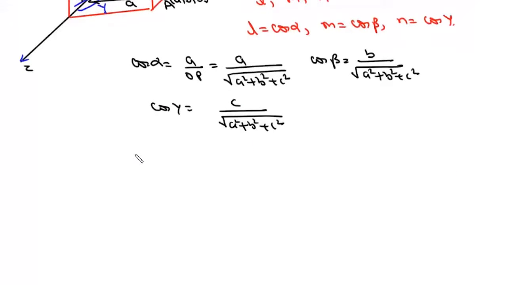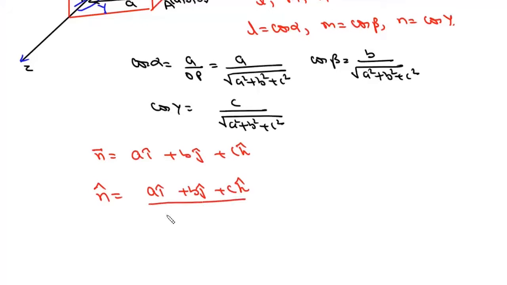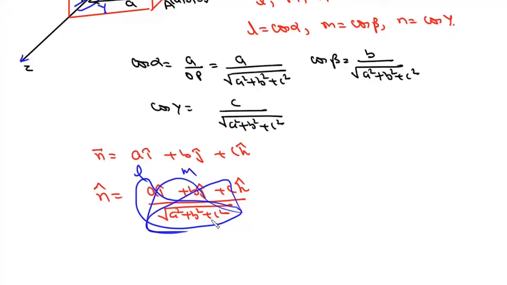So if we are given any vector which is ai plus bj plus ck, and we write its unit vector, which is ai plus bj plus ck divided by its magnitude, the square root of a square plus b square plus c square, then the coefficient of i is l, the coefficient of j is m and the coefficient of k is n.